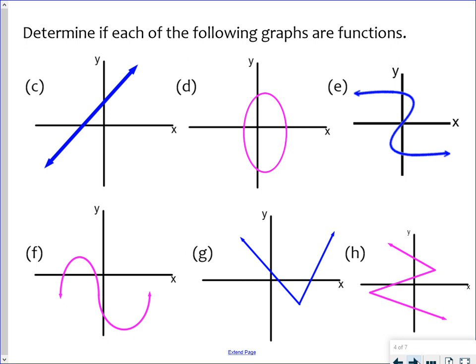When you're doing the line, that has to be the same side as the graph, right? No, it can be something else. Okay.